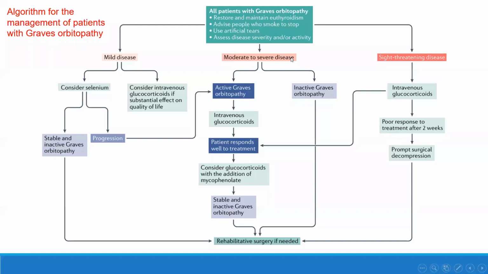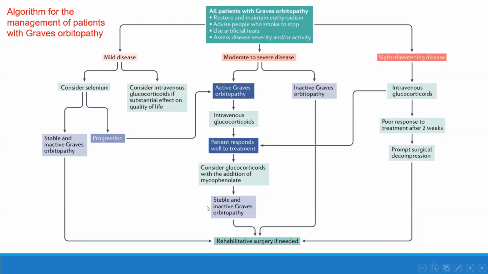In a case of moderate to severe disease, in the case of active orbitopathy, we should go to intravenous glucocorticoid. If inactive Graves' orbitopathy, we should go to rehabilitative surgery if needed. If intravenous glucocorticoid for active moderate to severe Graves' orbitopathy does not respond well to the treatment, in this situation we consider glucocorticoid with the addition of mycophenolate.